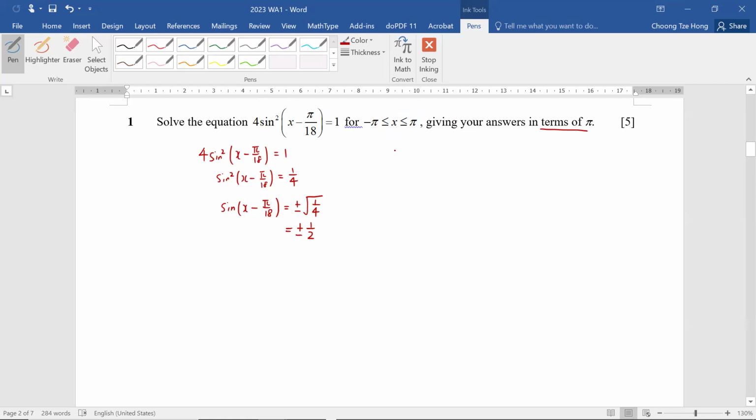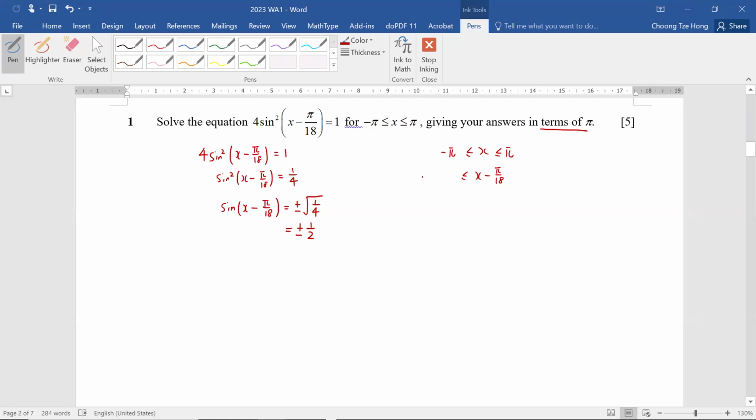Before we start searching for the angles, let's adjust the range first. The range is from negative pi to pi. The angle we have in the question is x minus pi over 18. So let's adjust the range. We will subtract pi over 18 from both sides.